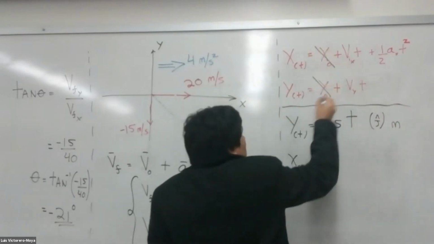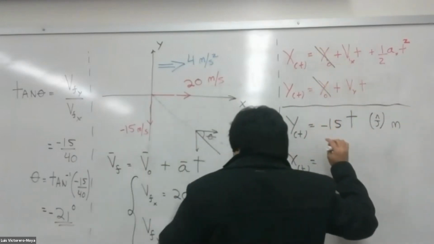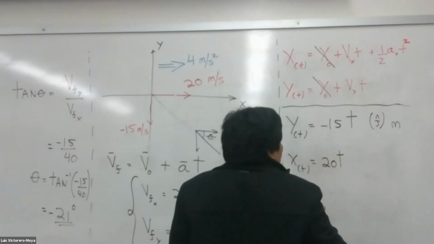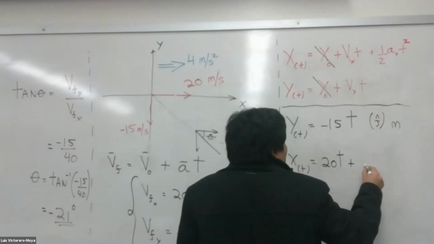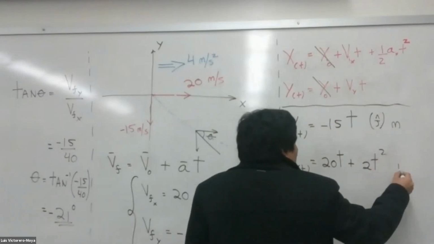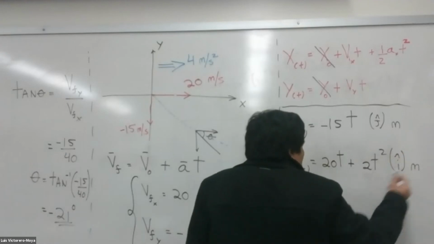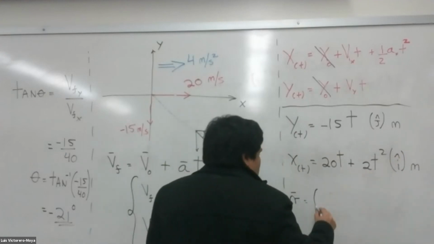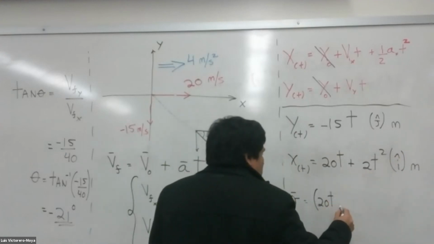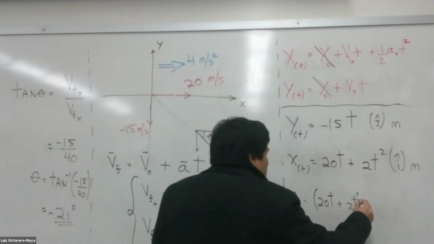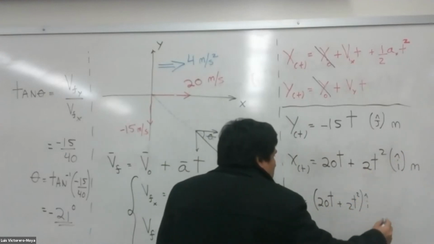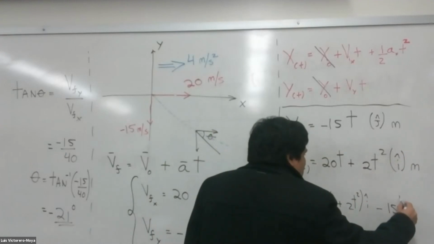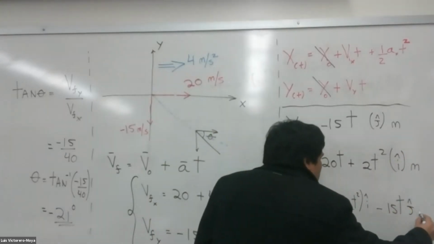So this is 0, the origin. We just write the initial velocity times time plus 1/2 of acceleration, 2t squared. So what will be my position? R will be this guy, minus, let's put here minus 15t j meters.